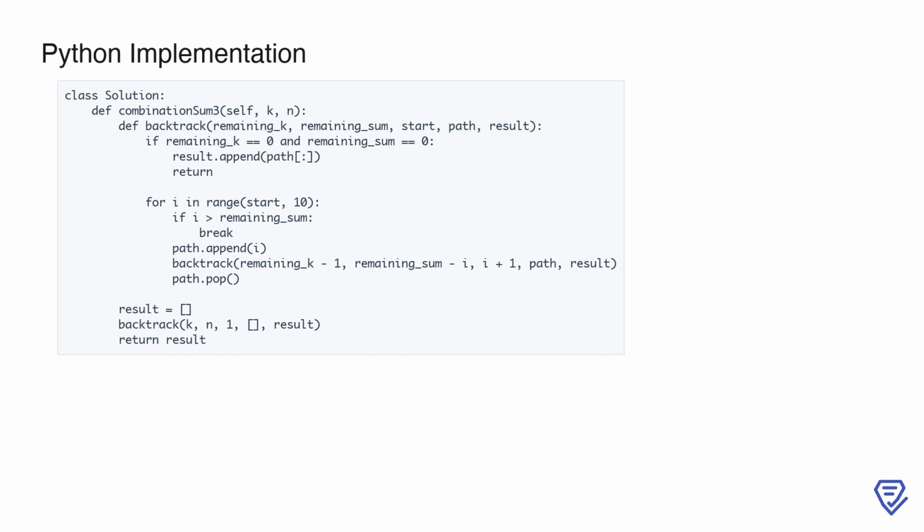Time complexity: the algorithm explores subsets of size k from numbers 1 to 9. In the worst case, this is bounded by 2 to the power of 9, all subsets. Space complexity: the recursion stack depth is at most k, and additional space is used to store combinations in result. This solution is efficient and adheres to the constraints, ensuring correctness for all valid inputs of k and n.